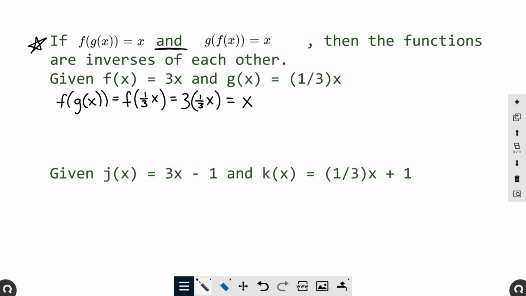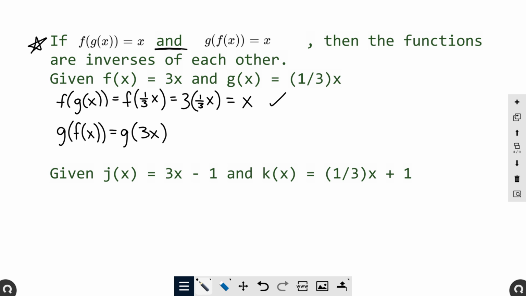So does f of g of x equal x? Yes. Now we check g of f of x. So we're doing g of, well, what is the f of x function? 3x.